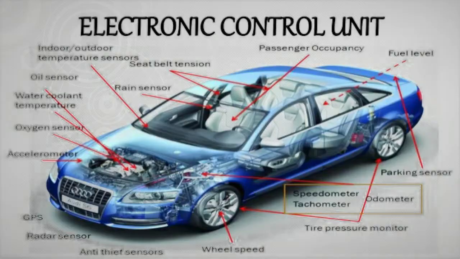Okay, now the car, starting from the Nano to the Bugatti, Ferrari, whatever we take, high-end cars to the low-end cars. Today, every car has that capability to run in any of the circumstances.